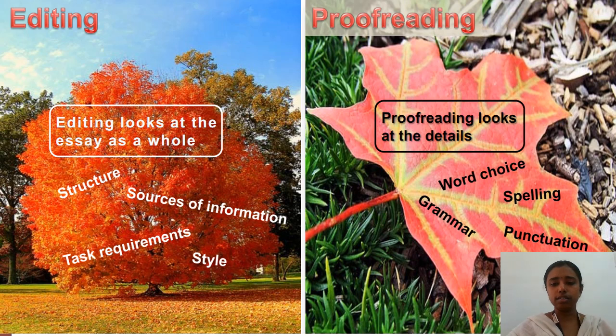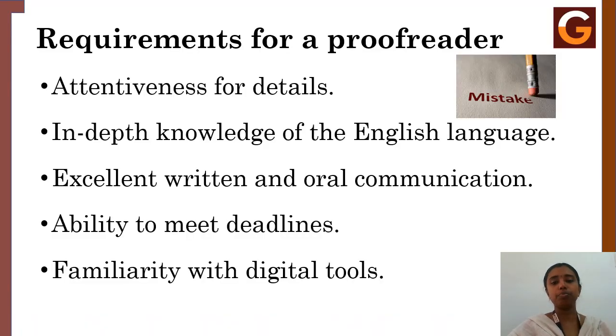And here is another slide which shows the differences between editing and proofreading. As you see, editing deals with the structure, sources of information, task requirements, and the style. Proofreading looks at the details: word choice, grammar, spelling, and punctuation. So these are the subtle differences that you can find between editing and proofreading.